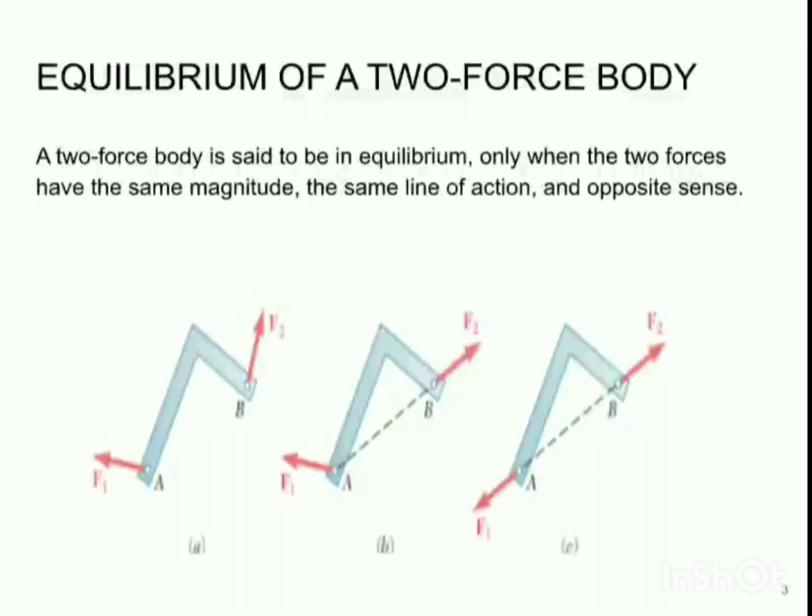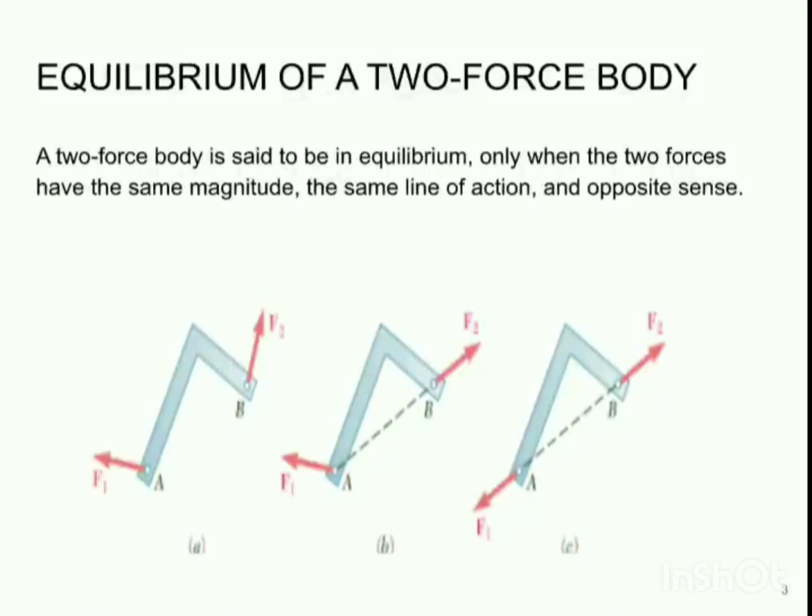Let us calculate the moment of both these forces about point A. As F1 is passing through point A, its moment about A is 0, and obviously the moment of F2 about point A will also be equal to 0.